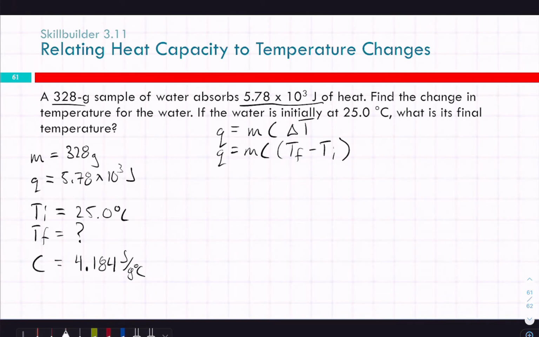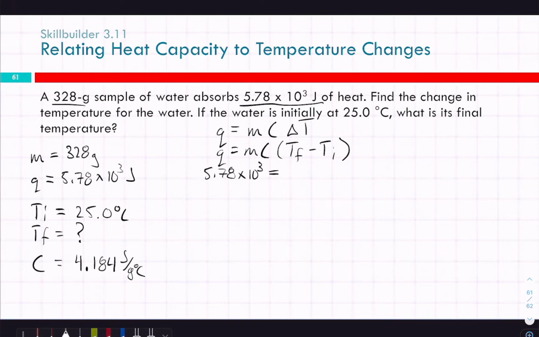If we haven't filled in all of the variables, maybe there's a way that we can figure it out through another equation or from some interpretation of the information that we're given. If we have every variable filled in except for one, then we can solve for that one.